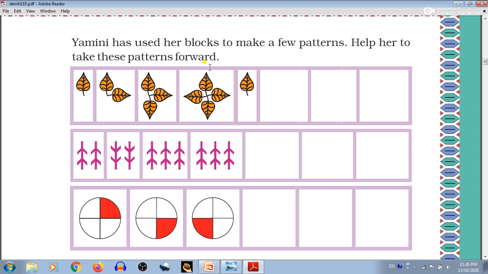Here she has taken four leaves, upward, downward, then right side and left side. Now the pattern has started repeating. Here initially we had one leaf, now again it is one leaf upward. So you have to fill in what kind of arrangement of the leaves will be here. I will show you.